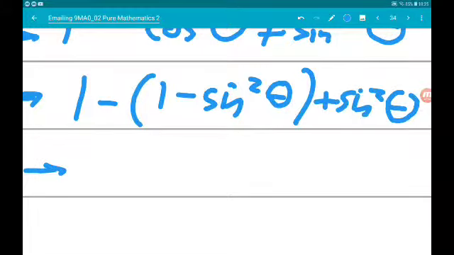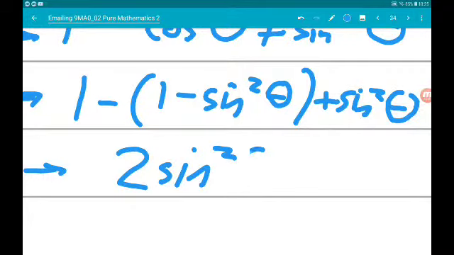We're going to get left with 2 sine squared theta. Now, that is not ideal, but remember we want a tan.